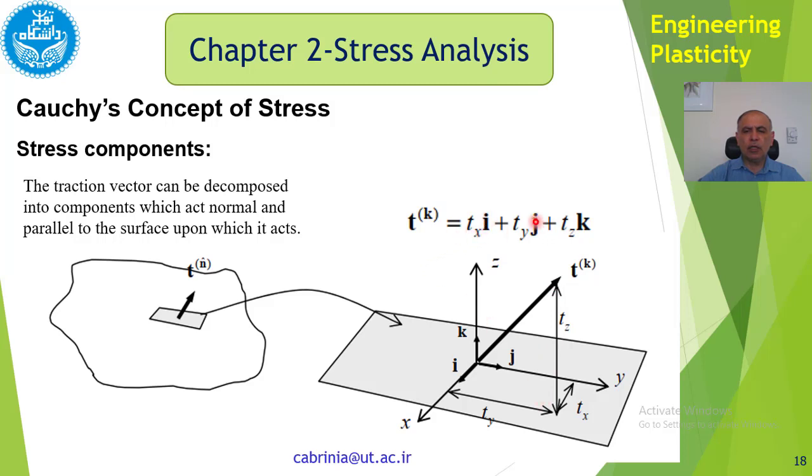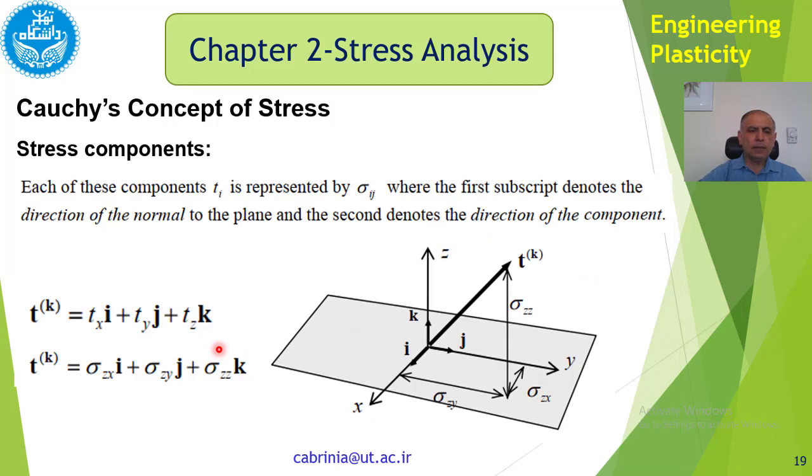So these are the direction units, and then we can have the stress vector or traction vector equal to tx, its component in the x direction, times i, its component in the y direction, times j, and its component in the z direction, times k.